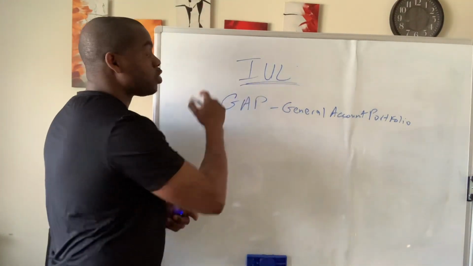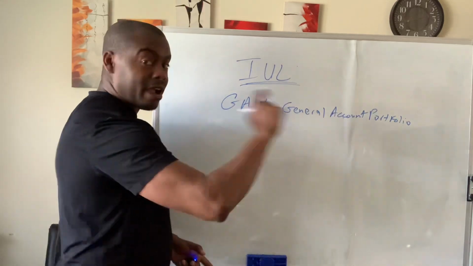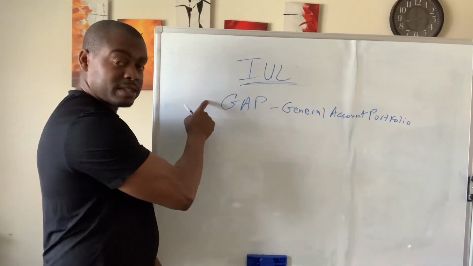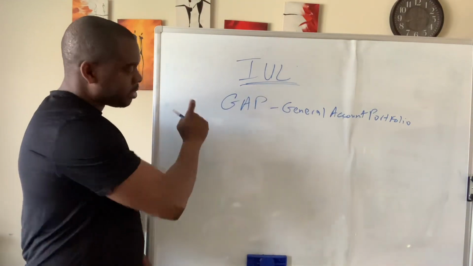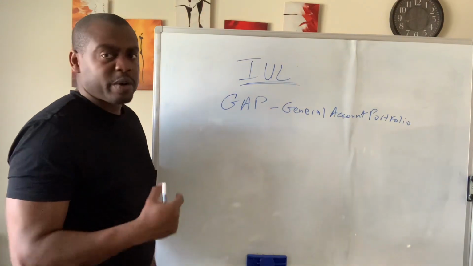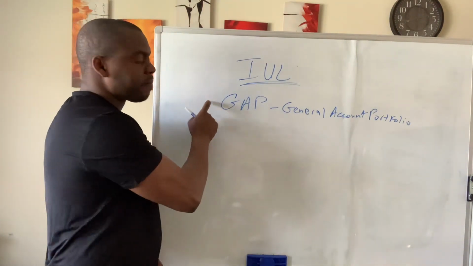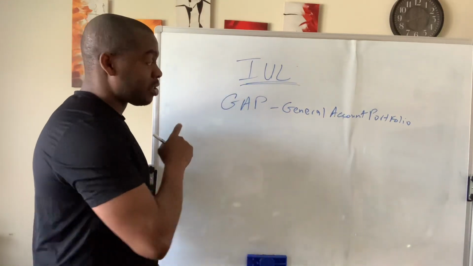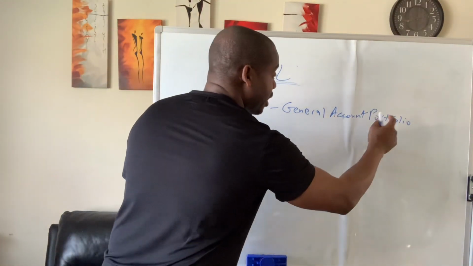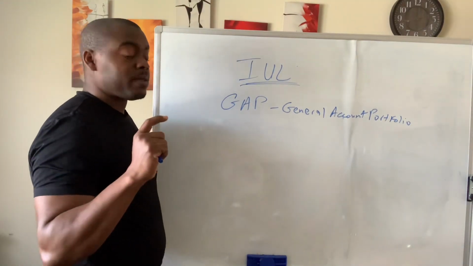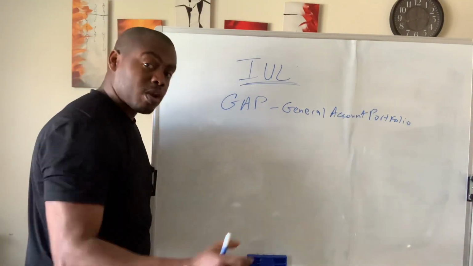Just like a whole life where every year I'm guaranteed 4%, if I wanted to, for one year I can say, just give me the 4% this year. I don't think the market is going to be bullish. Give me the 4%. You can do that. So it has flexibility. That's the 4% in the general account portfolio, how you get that guaranteed 4% in a whole life policy.